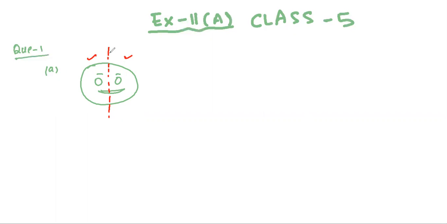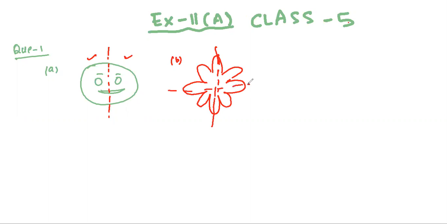So this was the first figure, and the second figure is a flower. It is a flower like this. There are two lines of symmetry, one this and the other this.